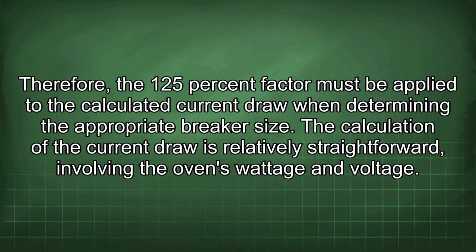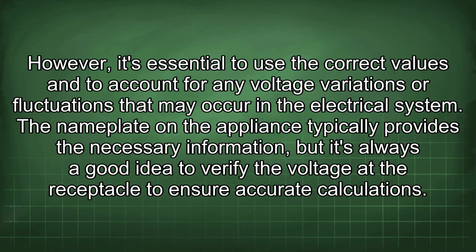The calculation of the current draw is relatively straightforward, involving the oven's wattage and voltage. However, it's essential to use the correct values and to account for any voltage variations or fluctuations that may occur in the electrical system. The nameplate on the appliance typically provides the necessary information, but it's always a good idea to verify the voltage at the receptacle to ensure accurate calculations.